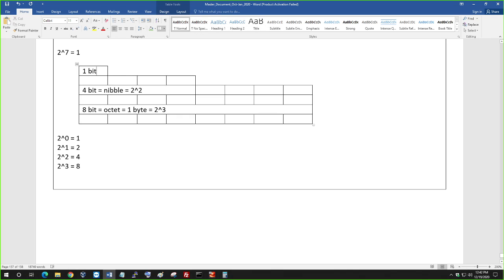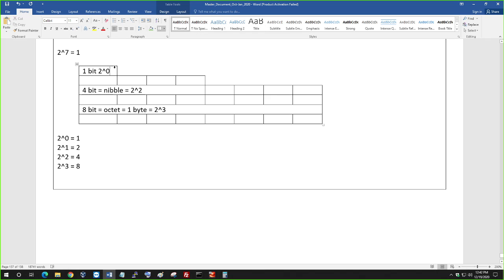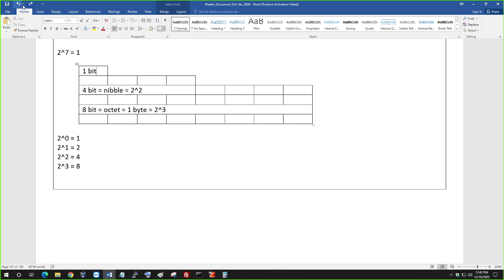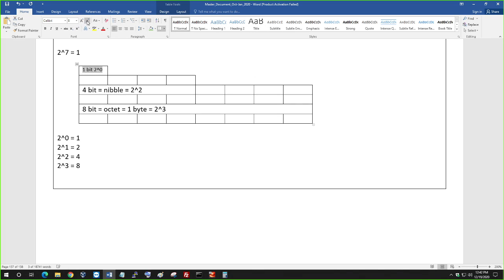And this one is also 2 to the power of 0. 2 to the power of 0 is 1. It looks bad, but I'm going to shrink it. Okay, yeah, that should be good enough.